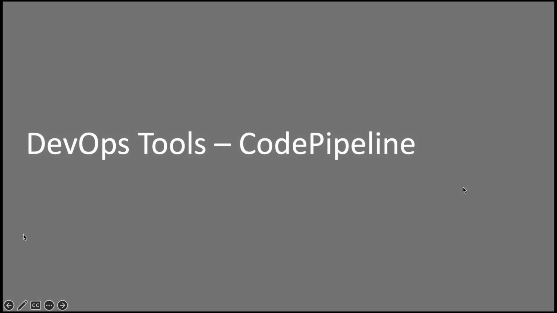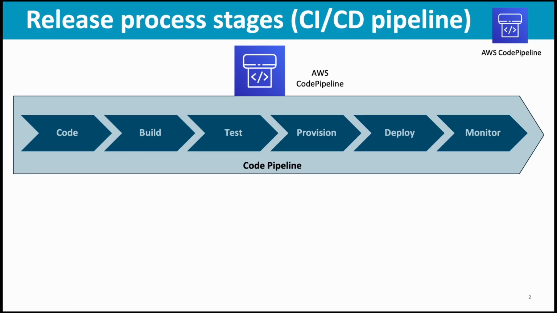Okay, so what is CodePipeline? CodePipeline is one of the important DevOps tools provided by AWS. Along with CodeBuild, CodeDeploy, and CodeCommit, CodePipeline is one of the important DevOps tools from AWS.